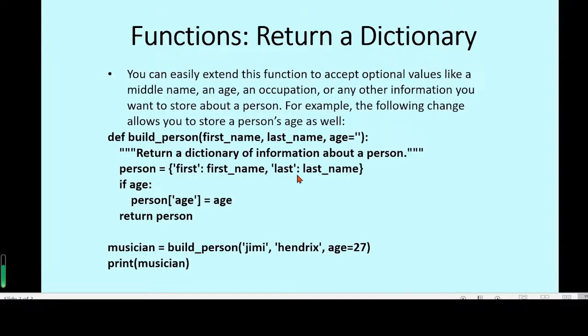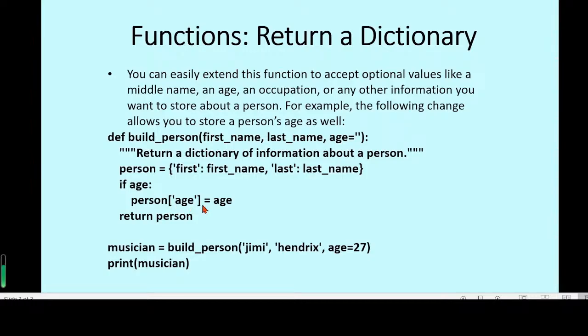Inside the function, we create a dictionary called person with two key-value pairs, first and last. Then we run an if test: if age. So if age means the user inputs an age when calling this function, then we create another key-value pair for this person's dictionary.